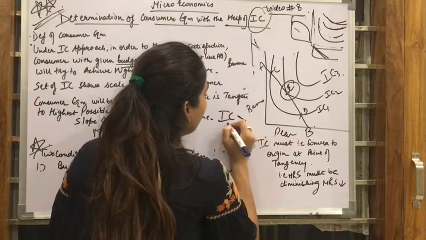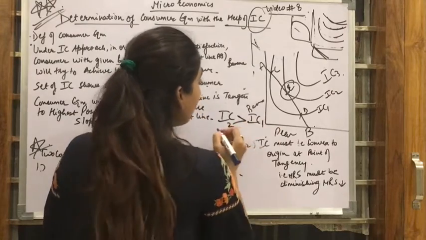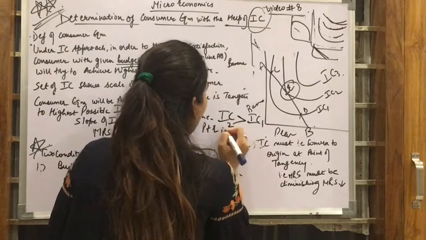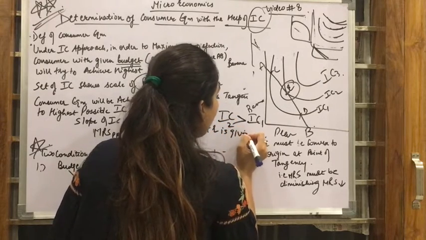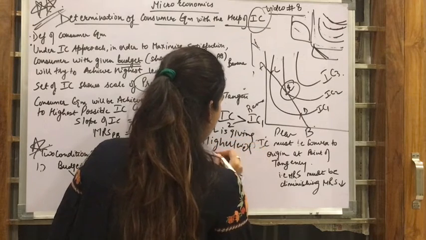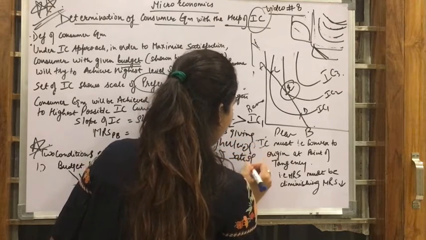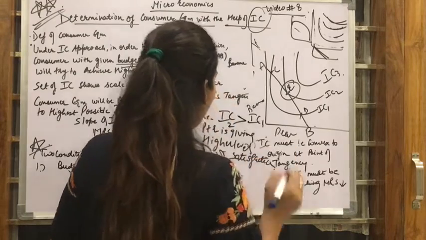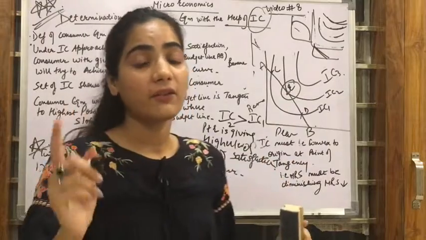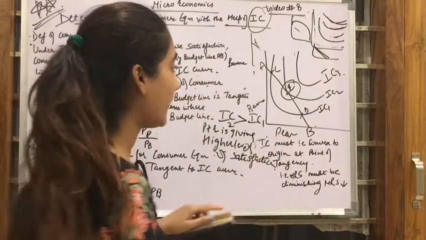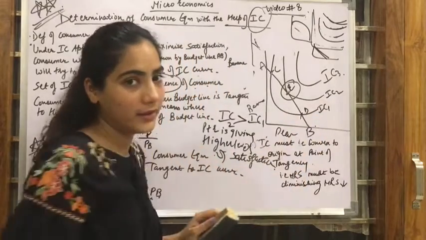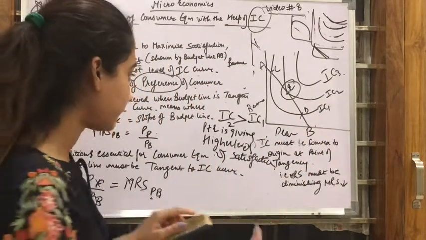That means point E on IC2 is giving a higher level of satisfaction to the consumer as compared to point C or D on IC1. This you have to write as I have explained.